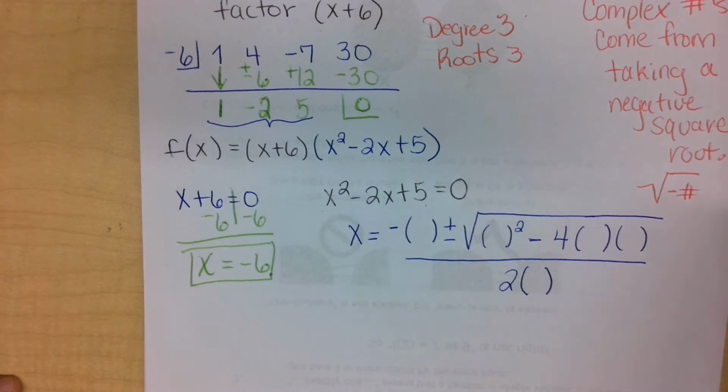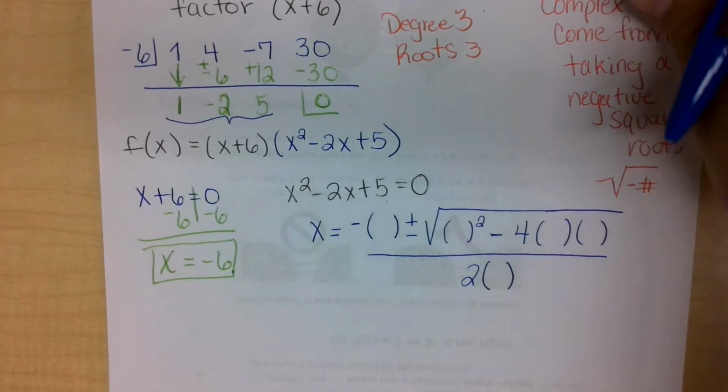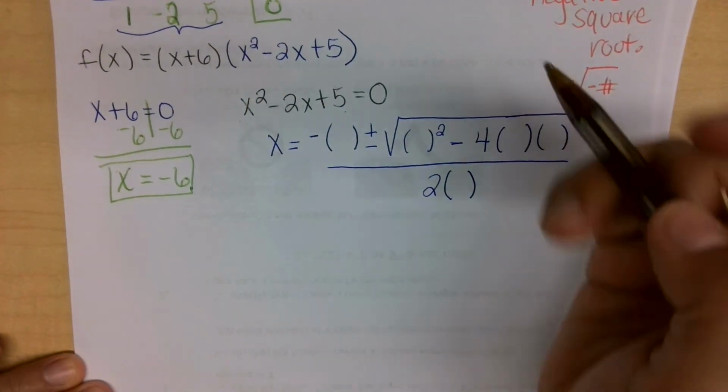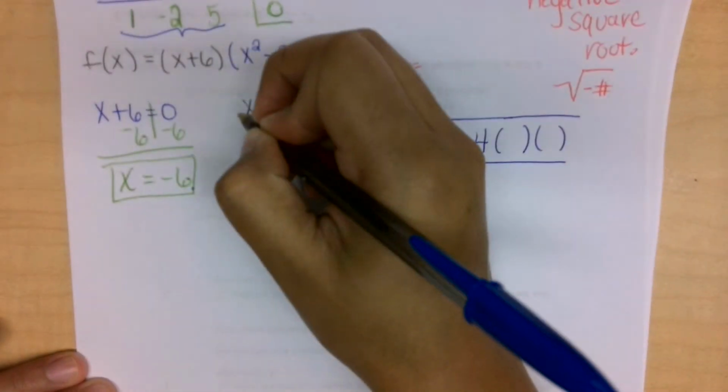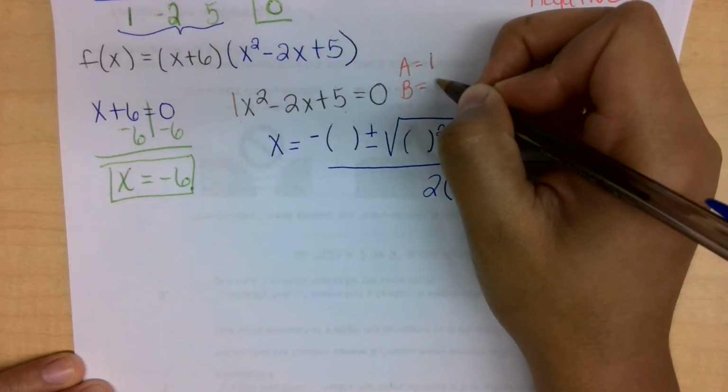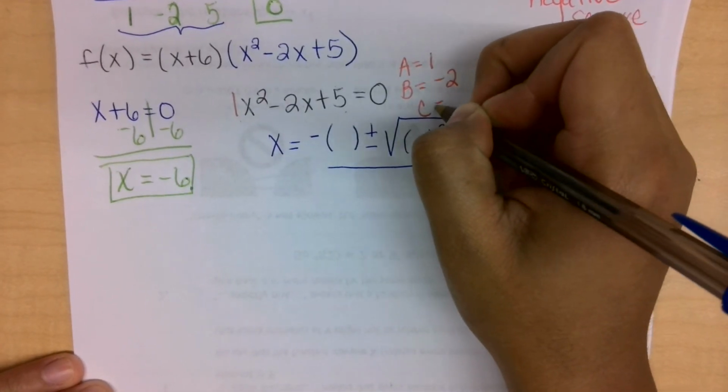Again, I like to put the parentheses because it makes me have less errors in my mind. So let's go ahead and identify what my a is. My a is 1. My b is -2. Don't forget the negatives. And my c is 5.